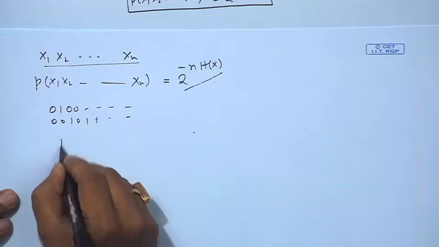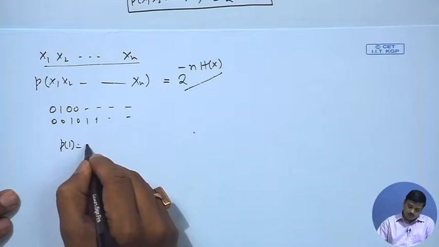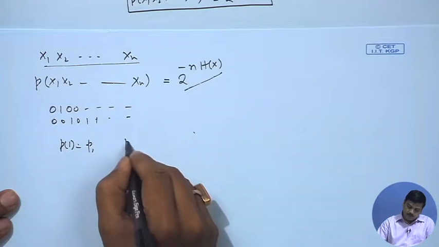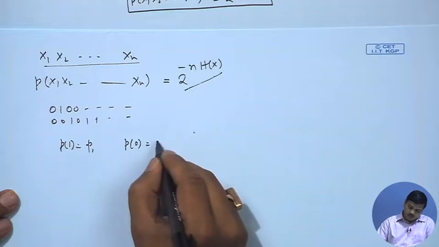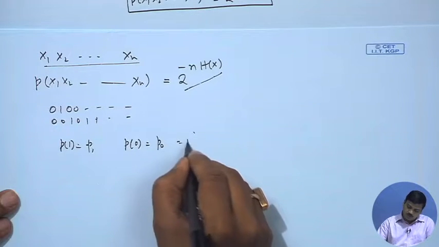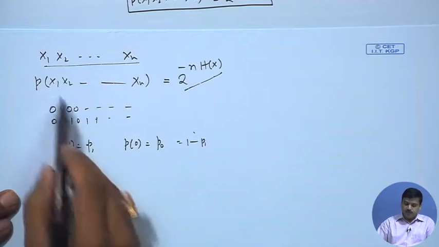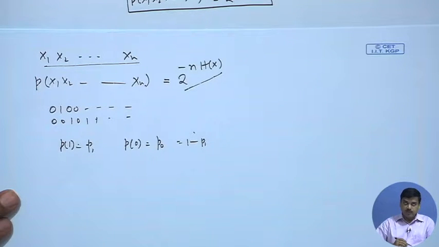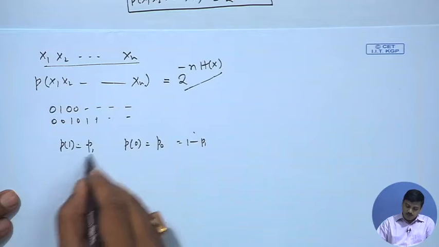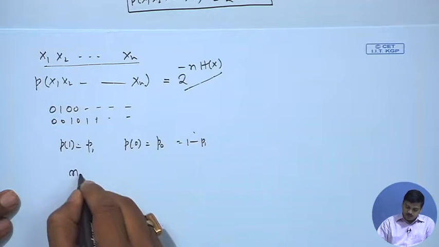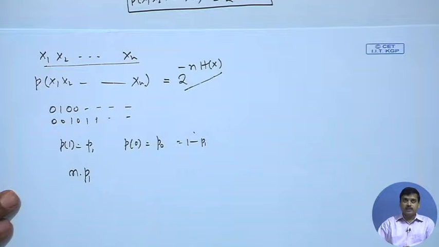So if we take, let us say, zeros and ones coming out, and say the probability of 1 is some p1, and the probability of 0 is p0, which is equal to 1 minus p1, and we have such a sequence. The number of ones in such a sequence is basically n times p1 when n is very, very large.